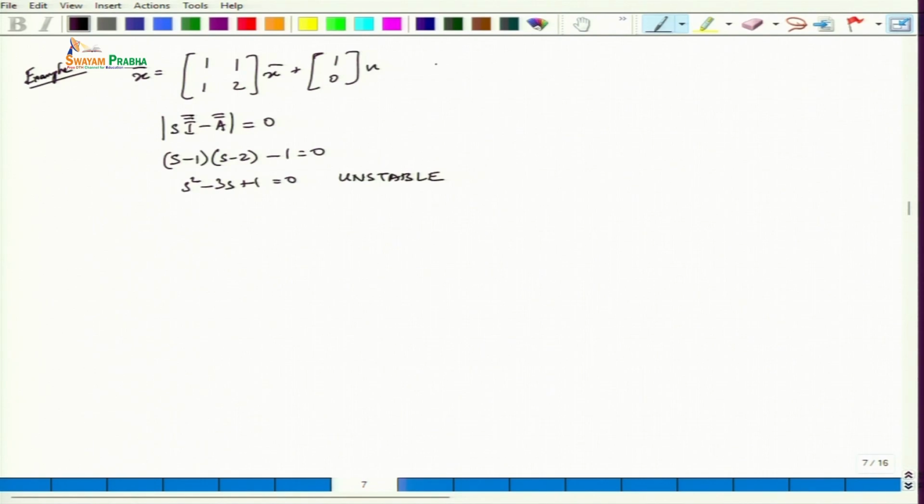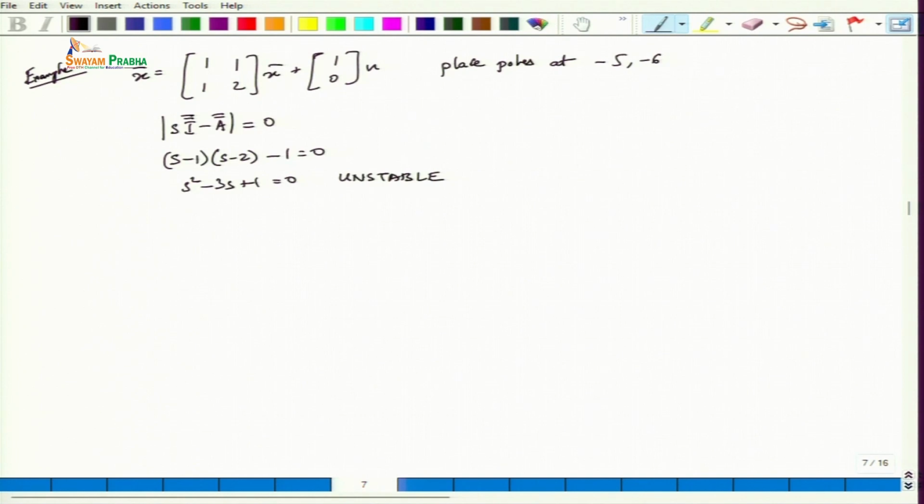And as a part of this exercise, we are going to place poles at -5 and -6. So we are going to stabilize our system and place poles in such a manner that our performance criteria is satisfied. Now these performance criteria can come from different sources.